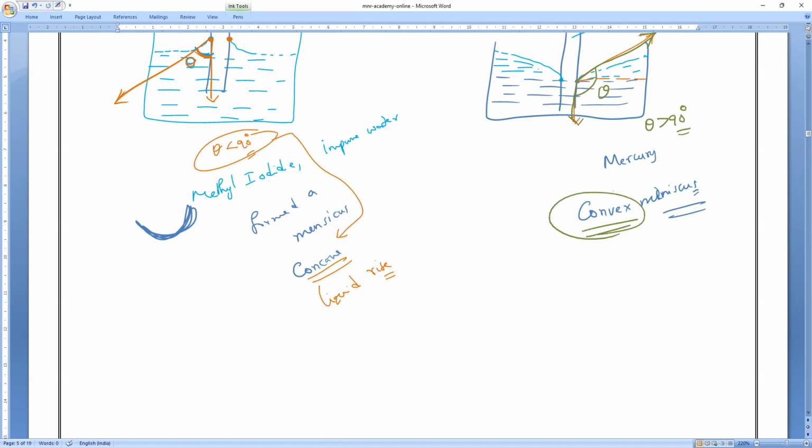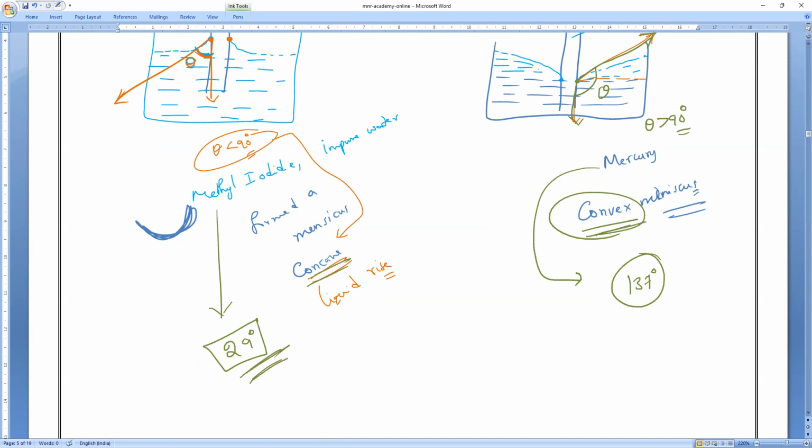For example, mercury forms an angle of 137 degrees, a convex meniscus. Methyl orange forms just 29 degrees, a concave meniscus.